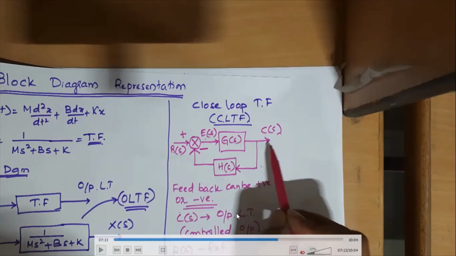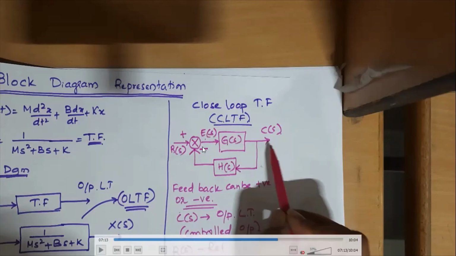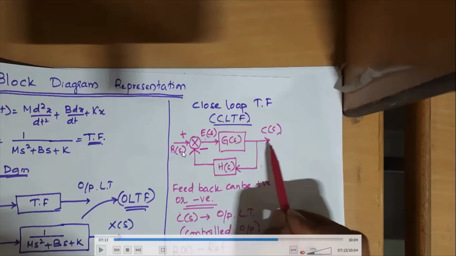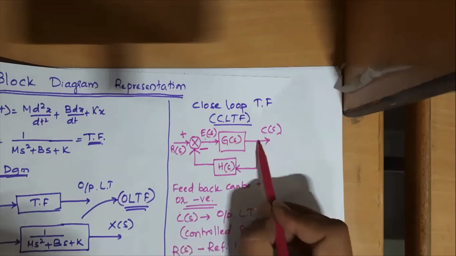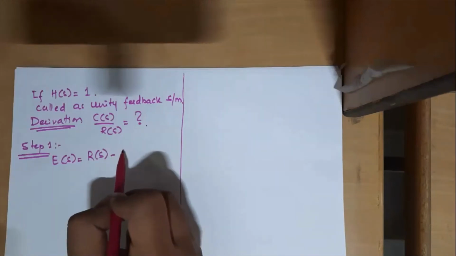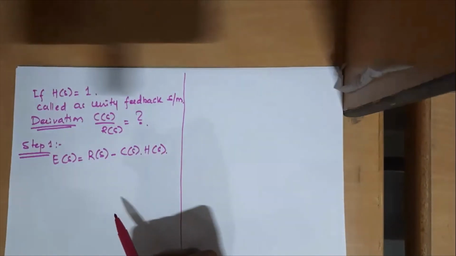So similarly here, E of S equals R of S minus the transfer function in this path, which is H of S, multiplied with the signal coming to this transfer function block, which is C of S. So E of S equals R of S minus C of S into H of S. Any doubt on this equation? Should I repeat again? No, sir.